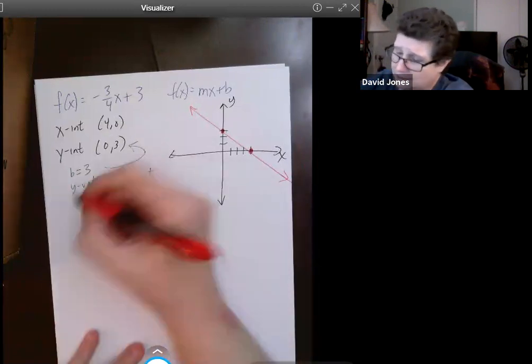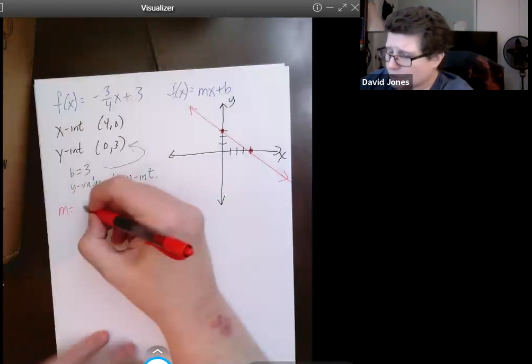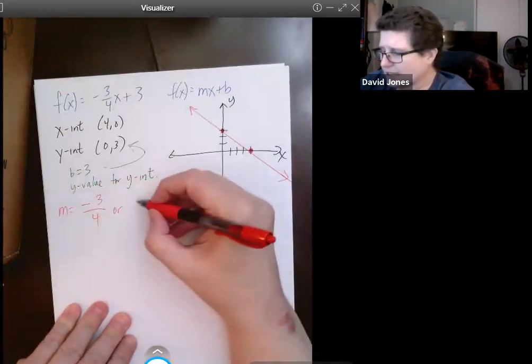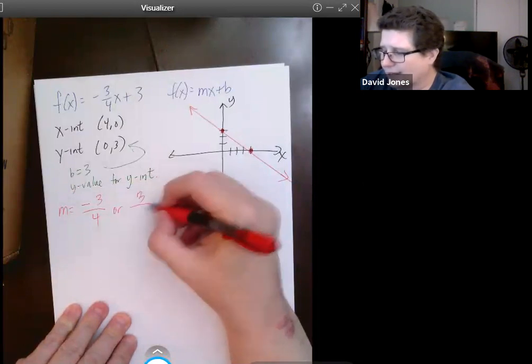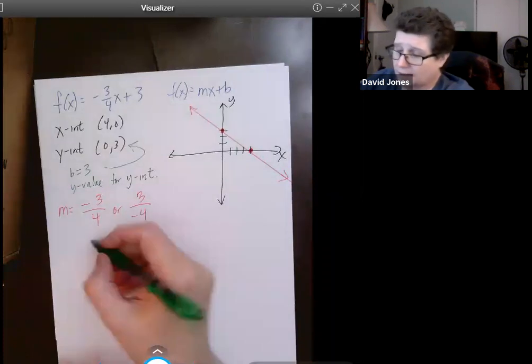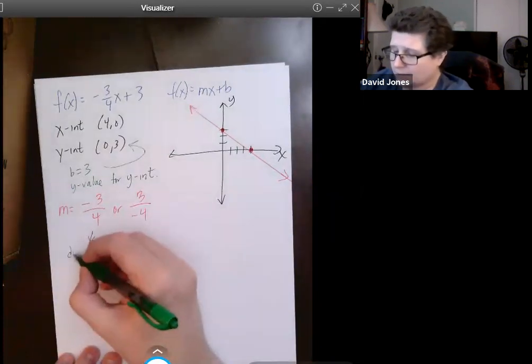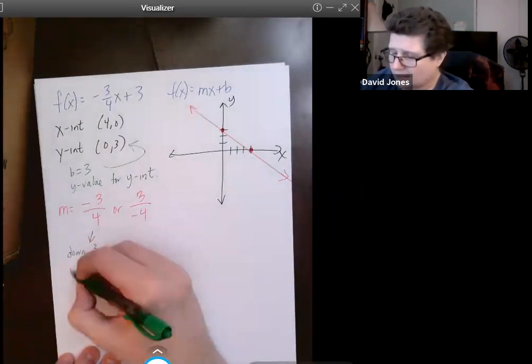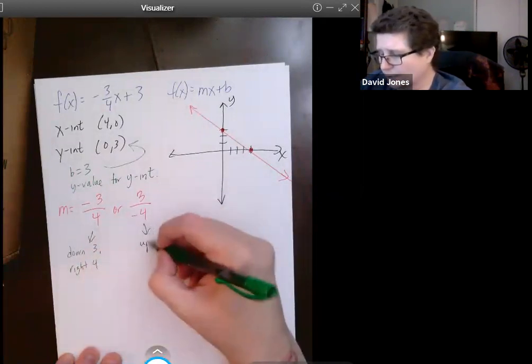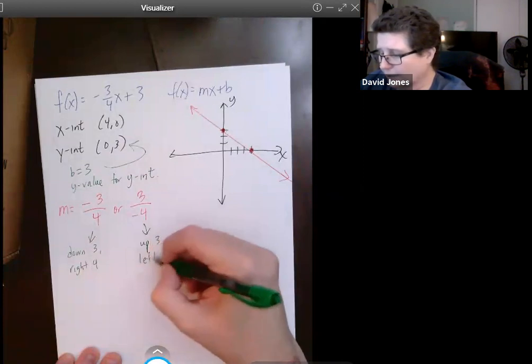m equals negative 3 over 4, or I could write it as 3 over negative 4. This one says go down 3, right 4. And that says go up 3, left 4.